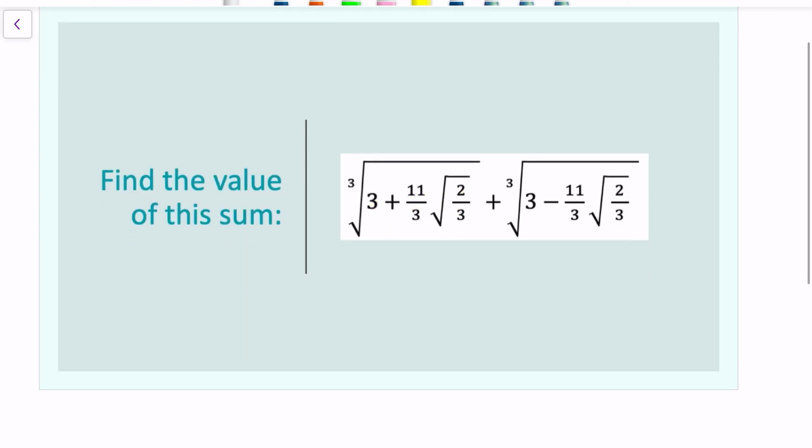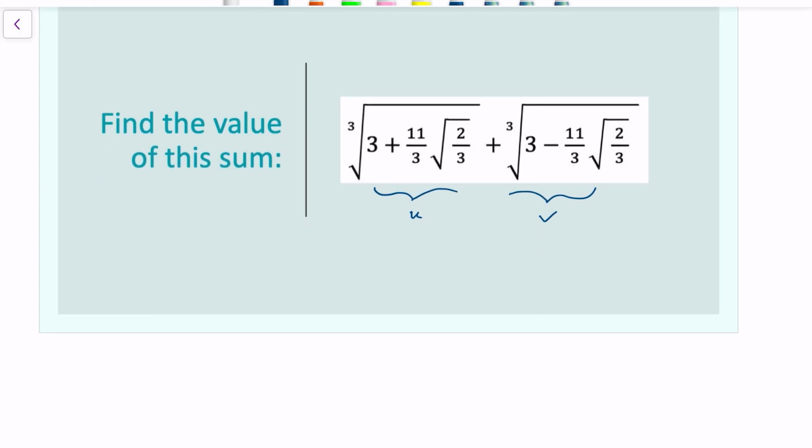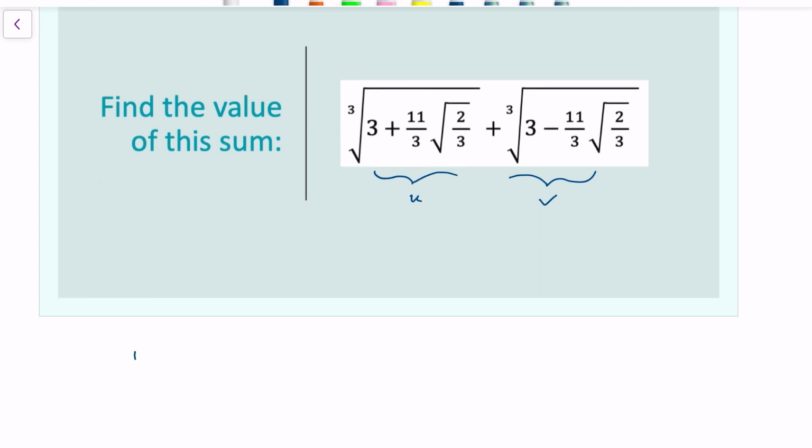Okay, so here's the sneaky trick. If we call this whole thing here equal to u, and this whole thing here equal to v, then what we're trying to find is the value of u plus v. Okay, so u plus v equals what?